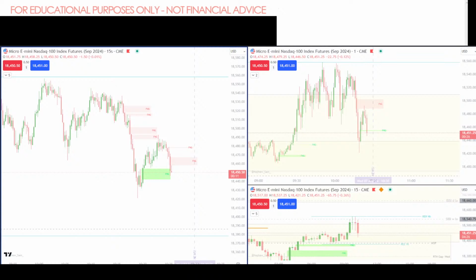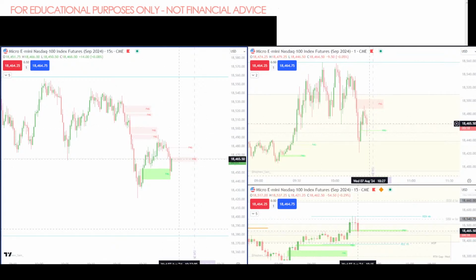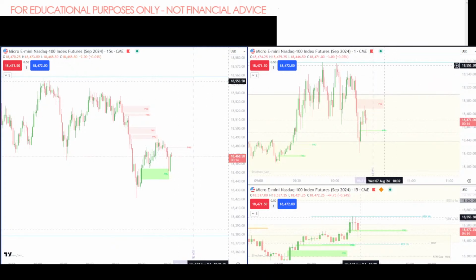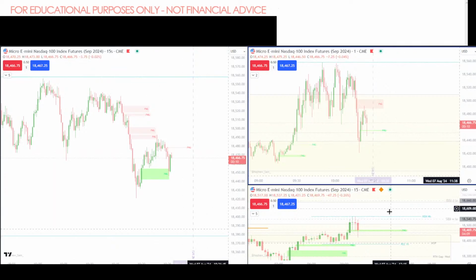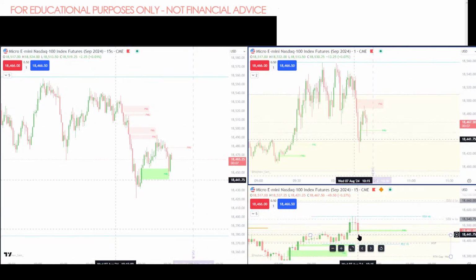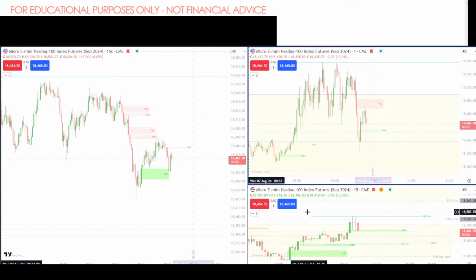I've got three screens here, and the OBS system is off on my left side. Okay, so the question is, are we forming a low time frame market maker buy model coming back up to these relatively equal highs inside this 15-minute candle?